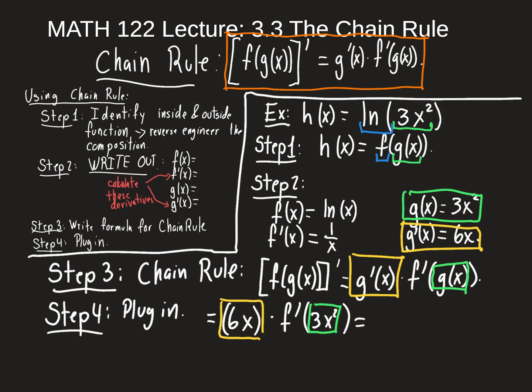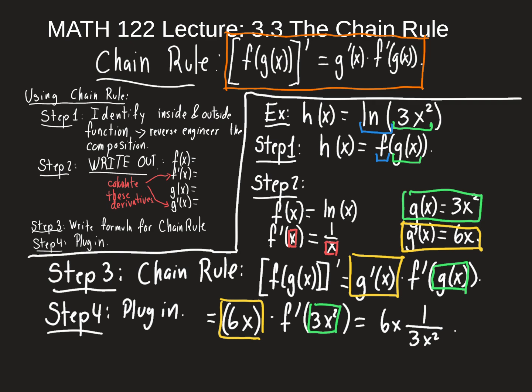Now finally we need to plug this into f prime of x. And we saw that if we look at f prime as being f prime of blank, it's 1 over blank. In this case, we will be filling in the blank with 3x squared here. So this is going to be equal to 6x times 1 over 3x squared.